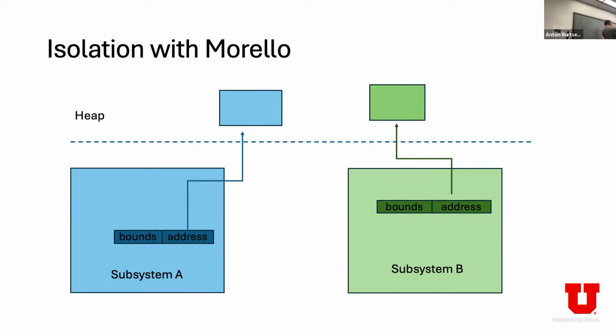Actually, I forgot to mention, Cherry requires some support from memory because you have to save the bounds when you save the capability in memory, so memory has to hold the bounds as well, right? But imagine you saved it to memory, like maybe you acquired a spin lock, you save it to memory, release the spin lock, the other guy says, okay, I'm going to acquire the same spin lock, load this pointer, it will be loaded with bounds, and so access is allowed, right?